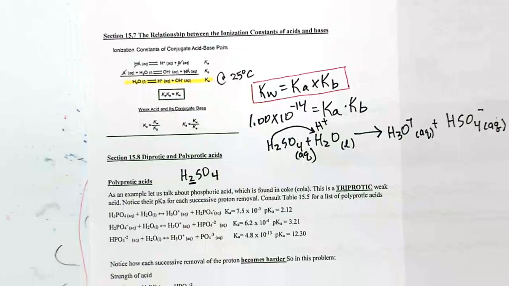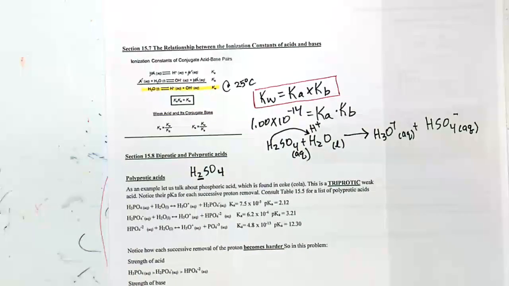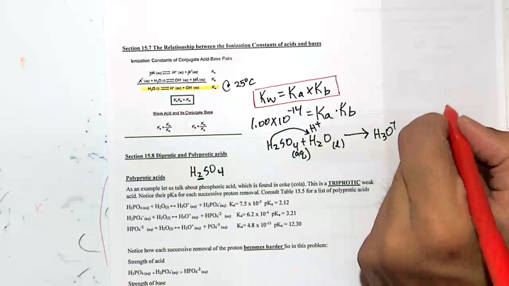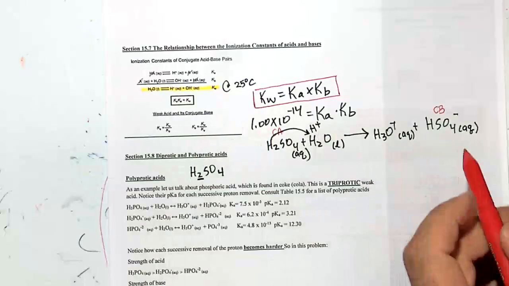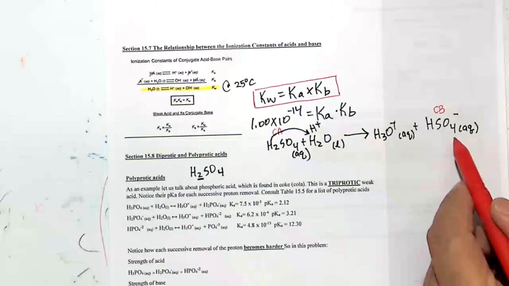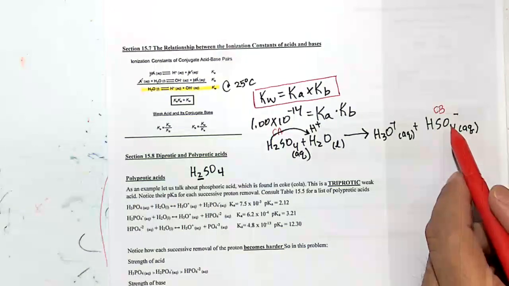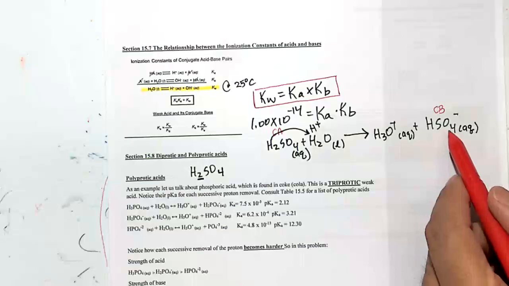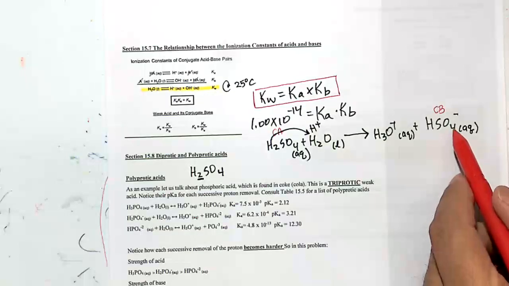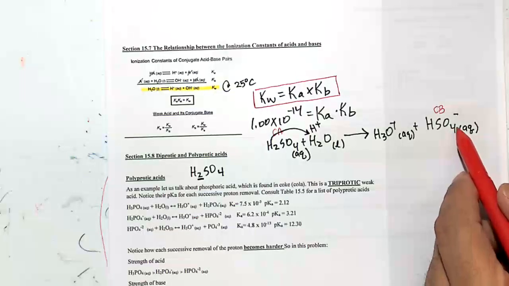Okay, and you're going to get this. This is the conjugate base to this conjugate acid. Okay, but what about this? Okay, hydrogen sulfate. What about this? Can this give off a proton? The answer is yes. But the thing is, it's weak.